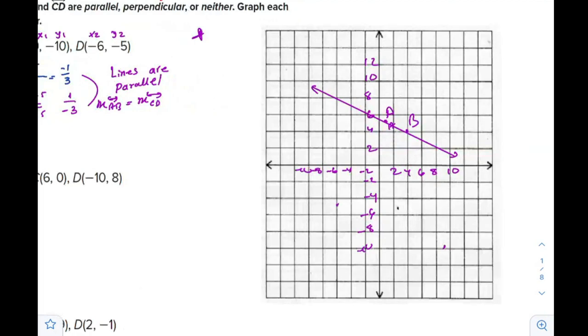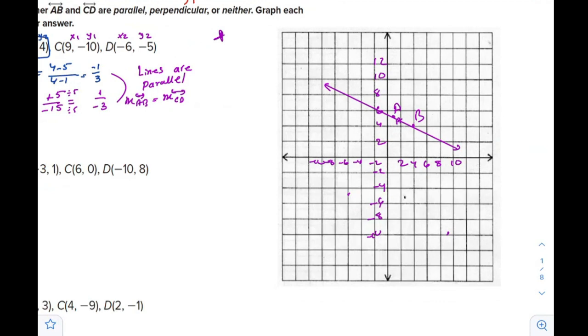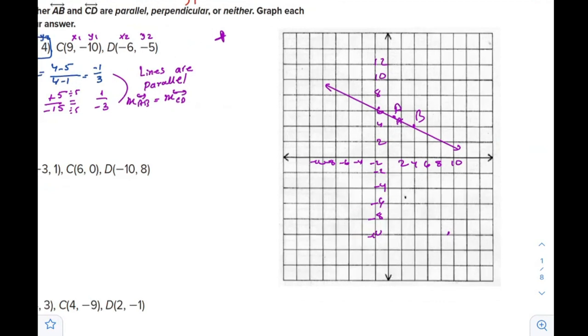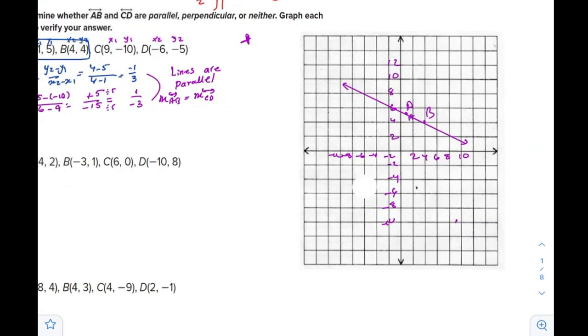And if you match, you will find it's almost here, because the problem is the fractions.